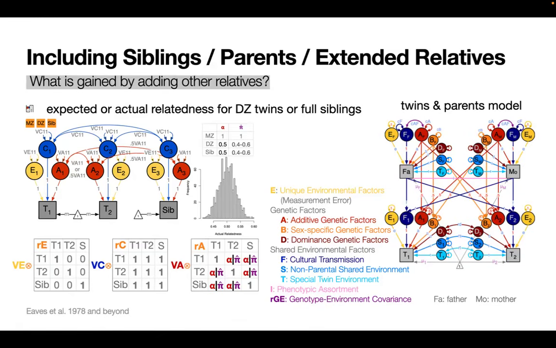Basically, what they allow is that they give us some extra statistics to simultaneously estimate the additive and the dominance genetic component, or further break down the shared environmental component into those sources that are shared within generation or within the offspring generation, in this case, the twin generation, where we could even separate out the twin effects from the sibling effects if twins share more of their environment than siblings do.